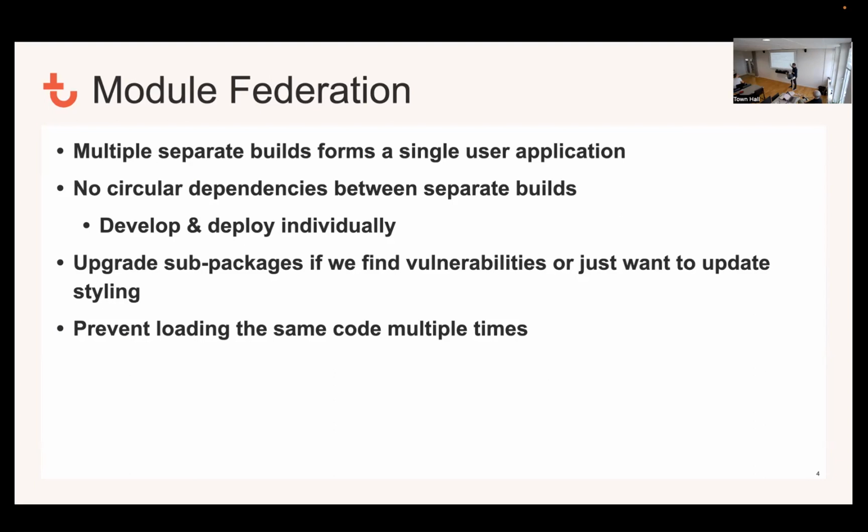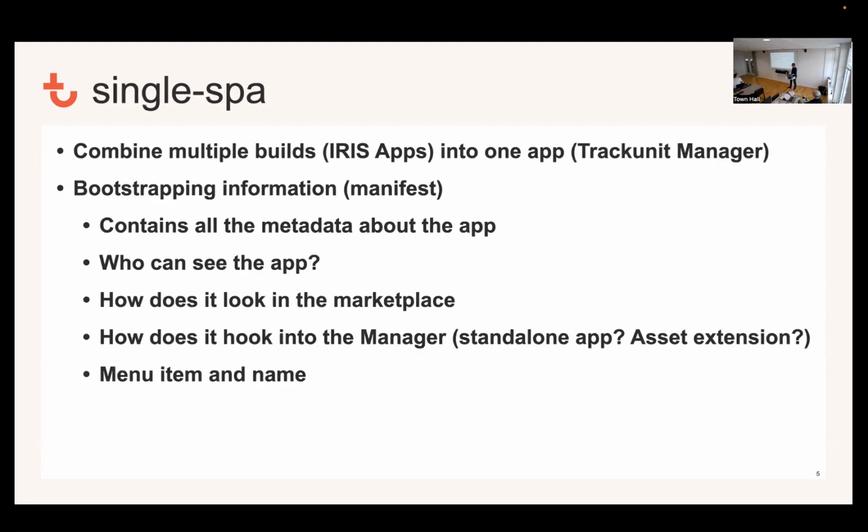And with module federation, we're also in control of the shared dependencies that are used. If we have 5 apps, each of them using the button, again, we don't want to load 5 different buttons. We want to load only one to make sure that we are still performing great and don't load too much data into the user's computer. So that's something we can get from using module federation.